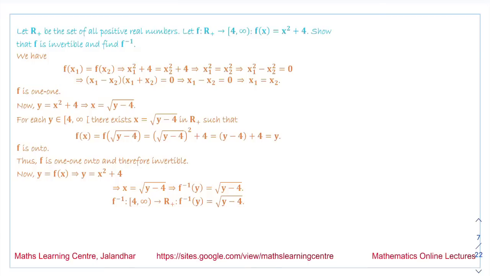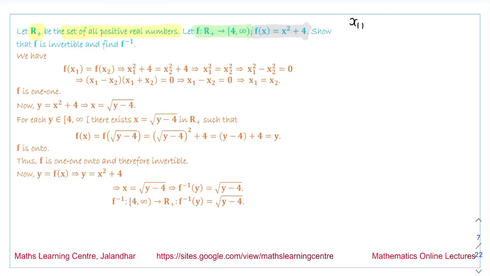Next is, let R positive be the set of all positive real numbers. Let f be a function defined from R positive to [4, infinity) such that f(x) is equal to x square plus 4. We have to show that f is invertible and we have to find the value of f inverse. So to prove that f is invertible, we are going to prove that the function is both 1-1 and onto.